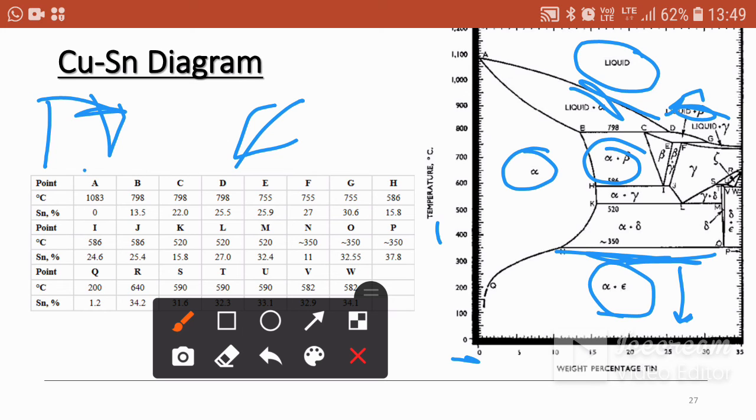Here we have points A, B, C, D. You need to know at what temperature each point is located and what the percentage of tin is at that point. So you need to remember these points, A to W.